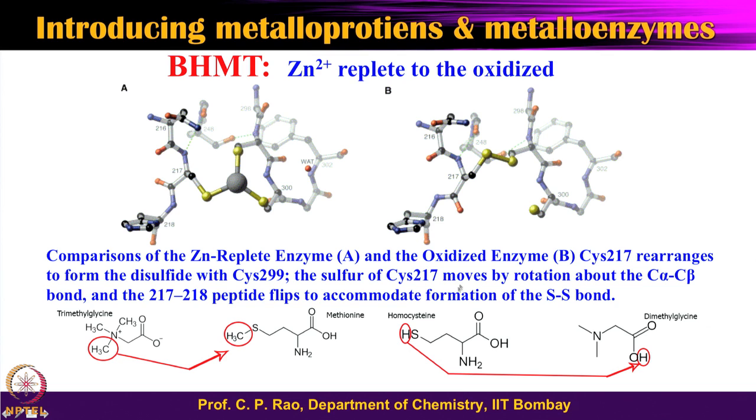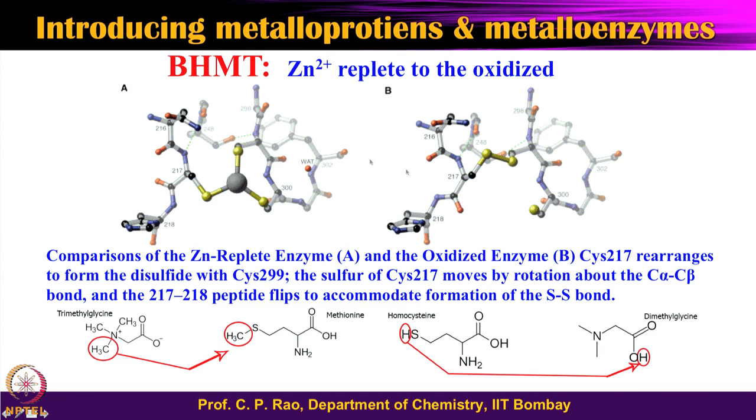The sulfur of 217 moves because the two sulfur atoms have to come closer, and for that there is a rotation about this bond, a rotation about the C alpha-C beta of the cysteine moiety, and then the 217 to 218 peptide bond flips in order to accommodate the disulfide bond.